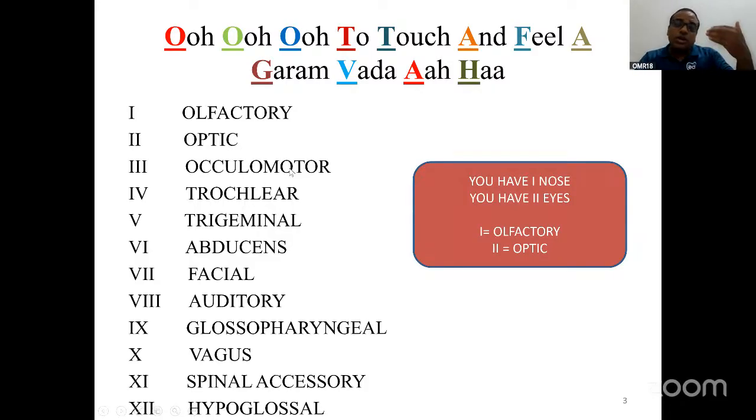So this is how you can learn between these three nerves. These are the 12 cranial nerves you should learn, and you should know them in depth. In the future course of our classes, we will study in depth the fifth cranial nerve, the trigeminal nerve, extremely important. It can be a main question. And then the seventh cranial nerve, the facial nerve.